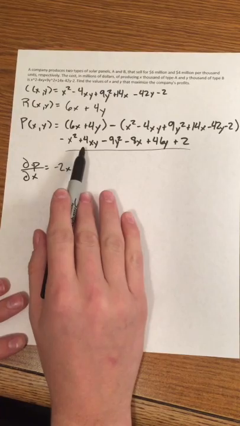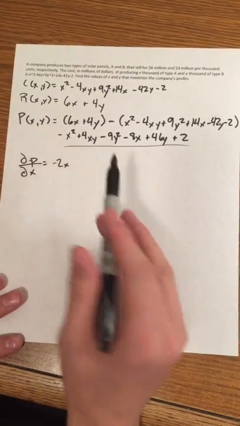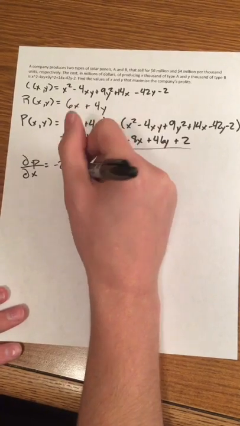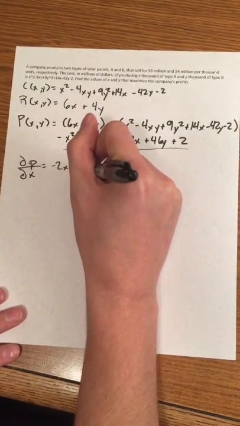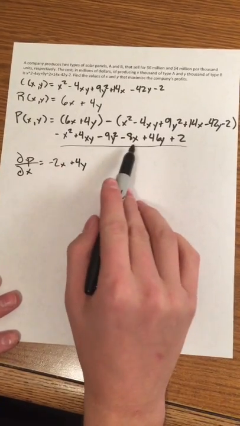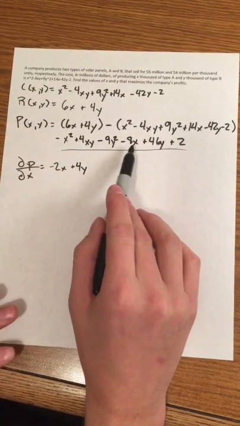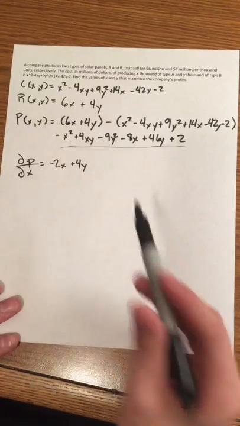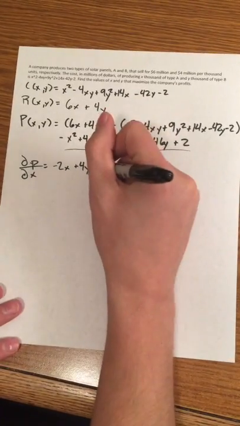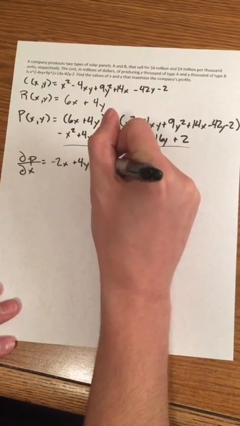Then the derivative with respect to x of 4xy is just 4y, so plus 4y. And the only other term with an x is negative 8x, whose derivative is simply negative 8.